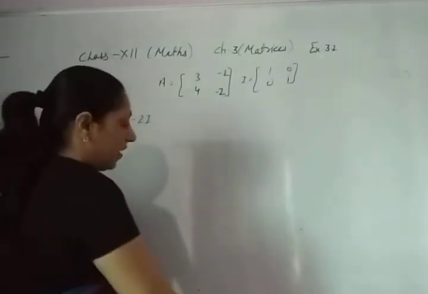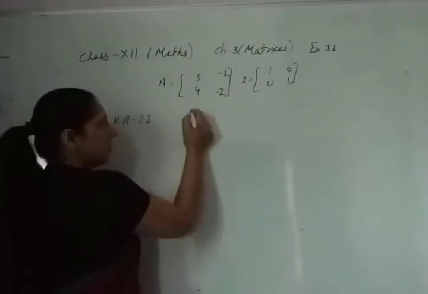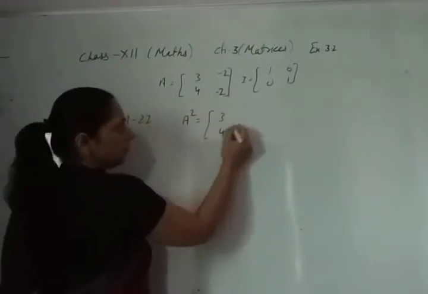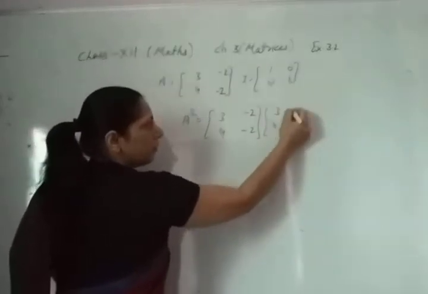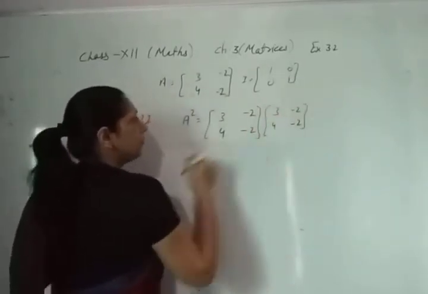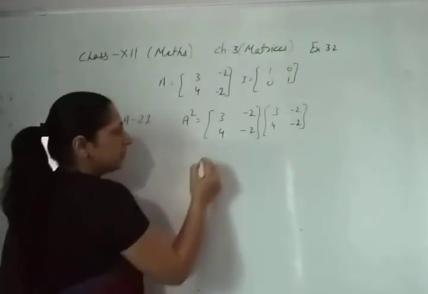So first we have to find A squared. A squared is equal to [3, 4; -2, -2] into [3, 4; -2, -2]. Now multiply both these matrices.